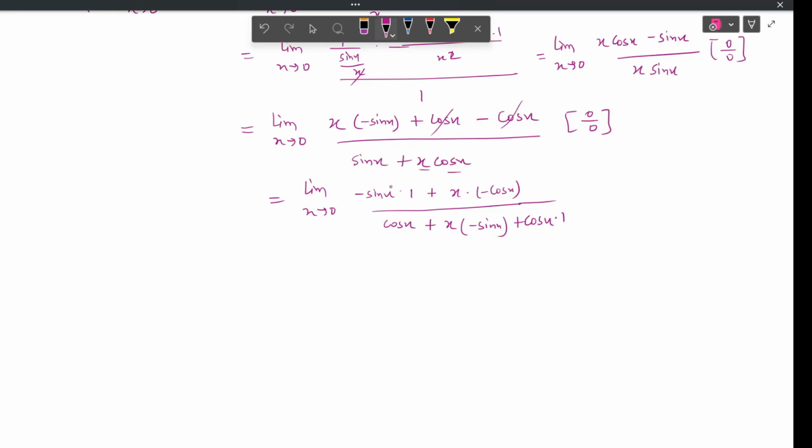Now if you put 0, sin 0 is 0, this is 0, cos 0 is 1, this is 0, cos 0 is 1, so this is 0 by 2, that means 0.